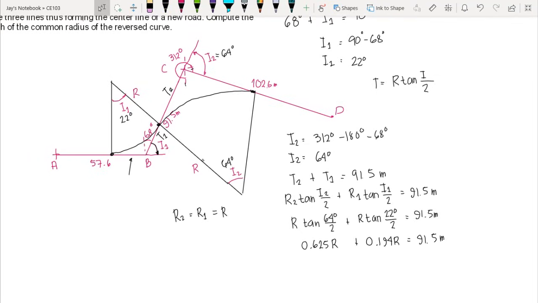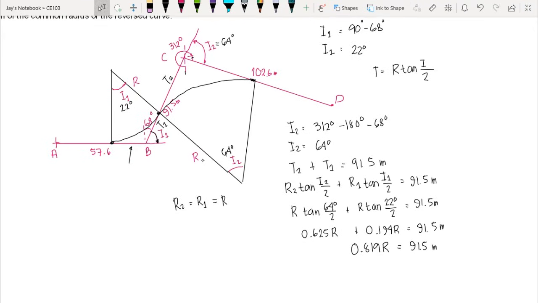If you add the two variables, 0.625 plus 0.194, this is equivalent to 0.819 R, and this is equal to 91.5 meters again. To simplify it further, we have R, or the radius, which is equal to 111.722 meters.